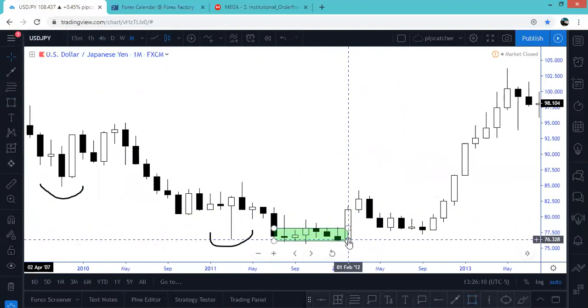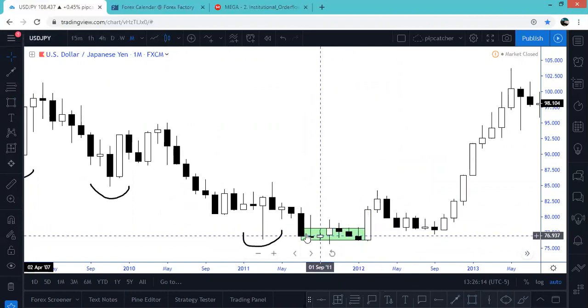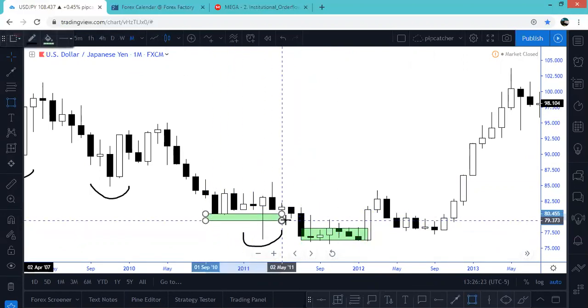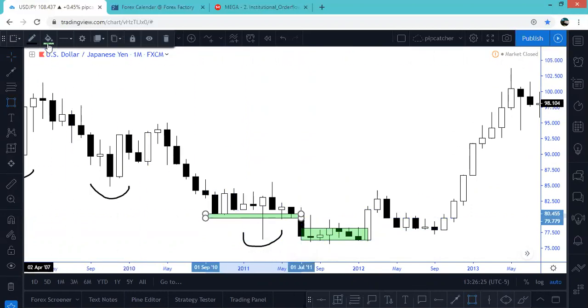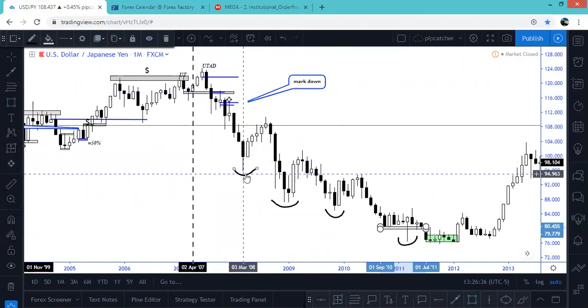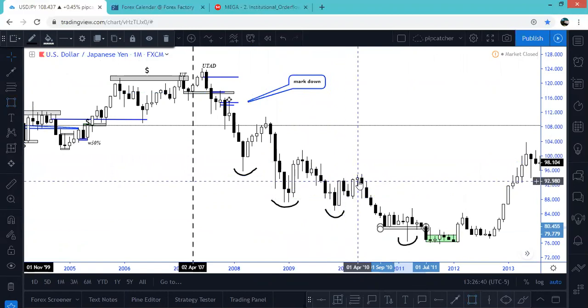I always talk about engulfing candles, and you want to wait for equal lows to capture liquidity, and then see what happens after this contraction. So the market will go down, contract, expand, contract, expand.